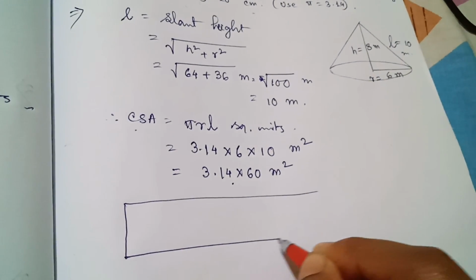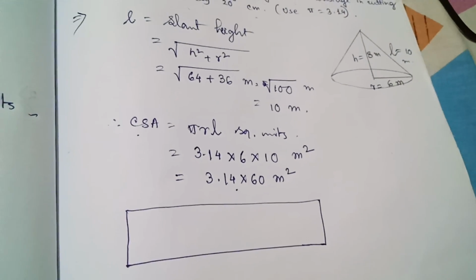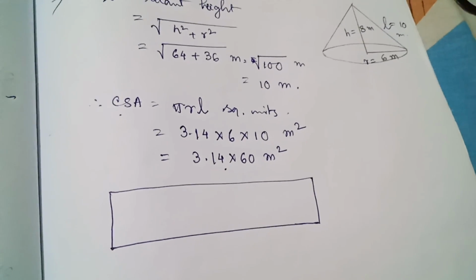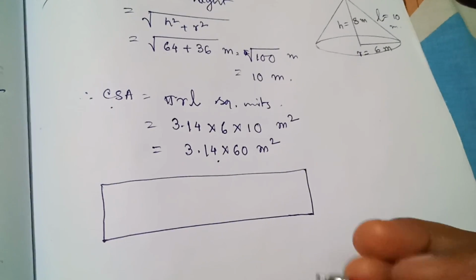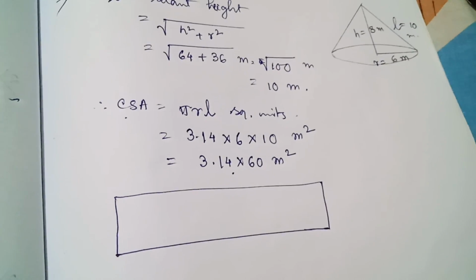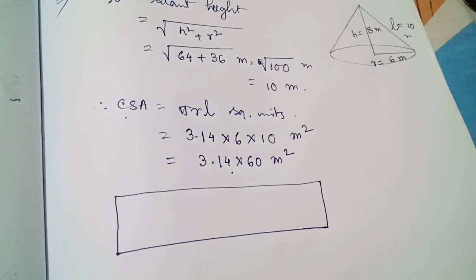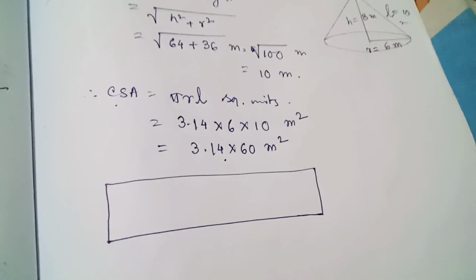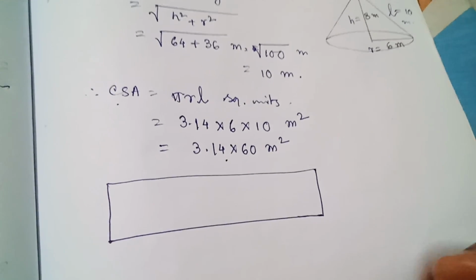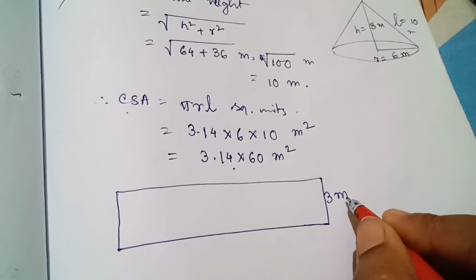You can go to any textile shop, any sari shop, and see a cut piece rolled around a simple pipe or stick. Ultimately it is rectangular in shape and its width is given as 3 meter.